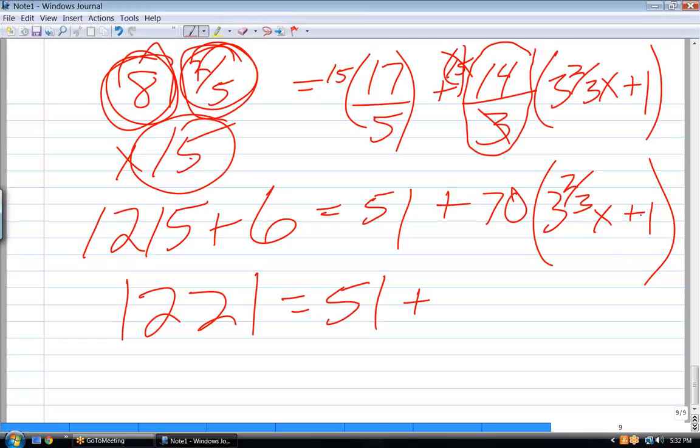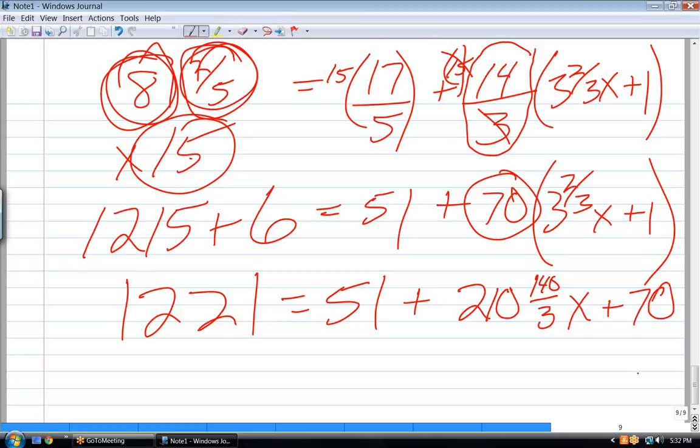So let me just explain how I'm going to do this. I'm going to multiply the 70 times the 3. Then I'm going to multiply the 70 times the 2/3. Then I'm going to multiply the 70 times the 1. Okay? Now, I'm basically ready to gather all my like terms and solve it.